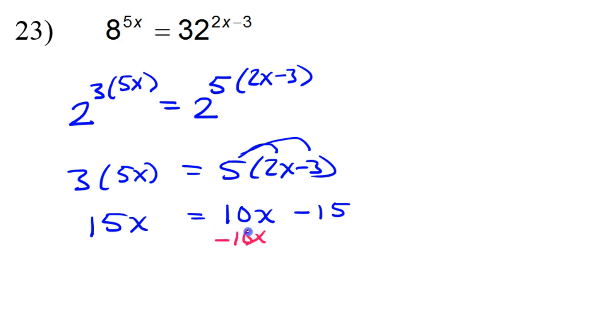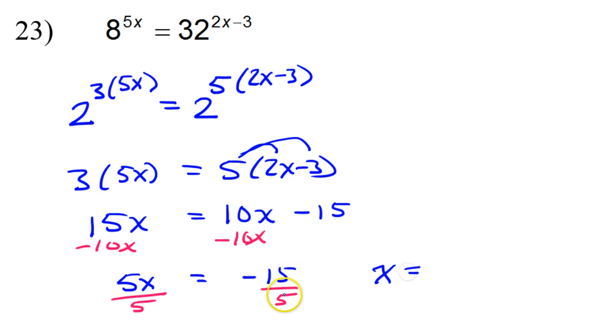I'm going to pull them together by subtracting 10x from both sides. So that's going to give me 5x is equal to negative 15. Then we will divide both sides by 5 to get x by itself. So that is going to give us x is equal to negative 3. Okay, so that is number 23.